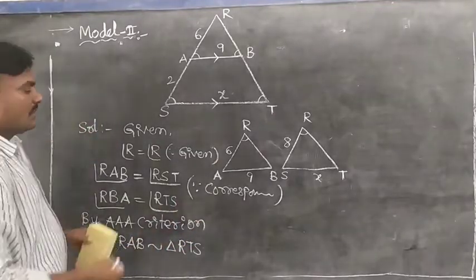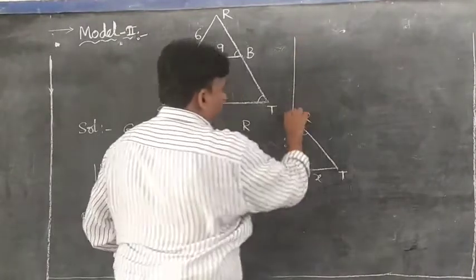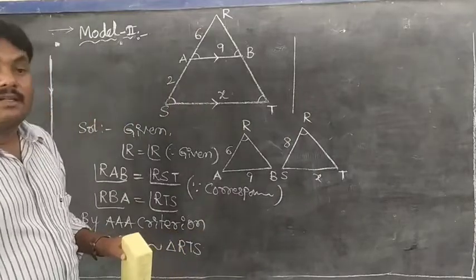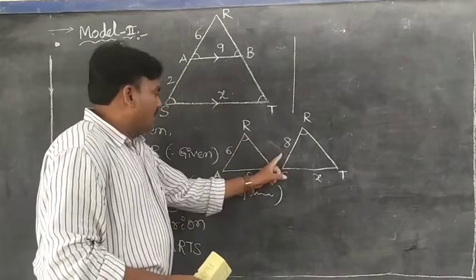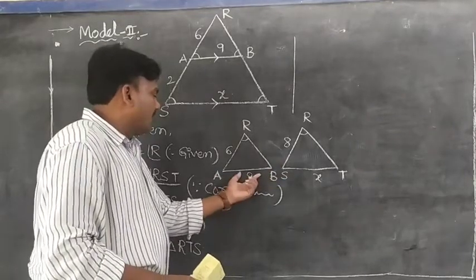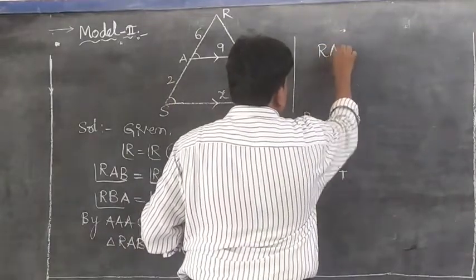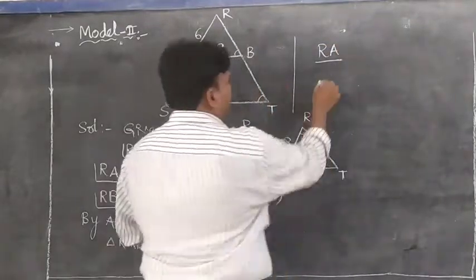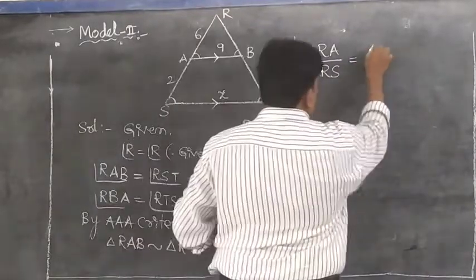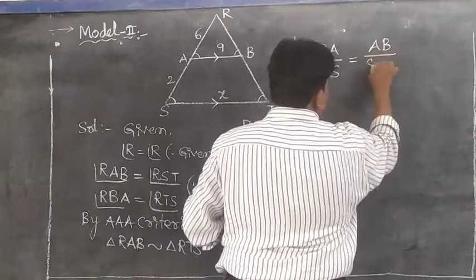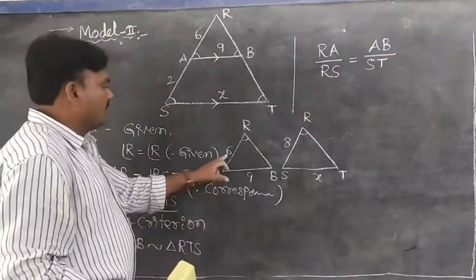Okay, now how to find the x value. Yes, we know very well. By using CPST, corresponding parts of similar triangles, RA by RS equal to AB by ST. Therefore, RA by RS equal to AB by ST. Okay, friends, what about the RA value? 6.